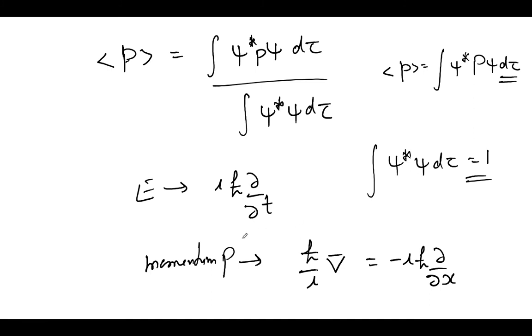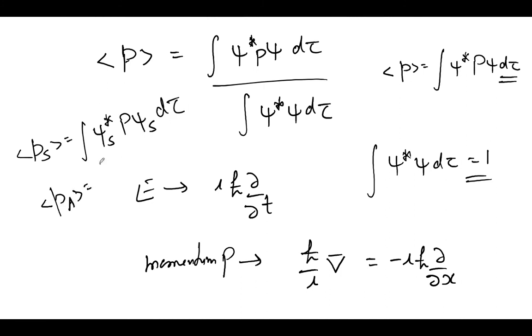For a symmetric wave function, we can write psi s star p psi s d tau, and for an antisymmetric wave function, psi a star p psi a d tau.